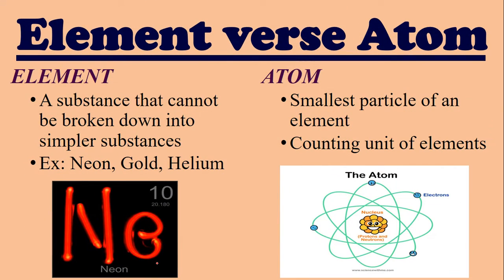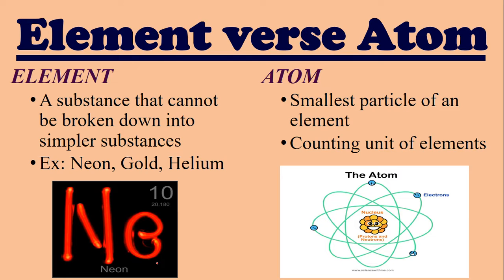So when we talk about atoms versus elements, it's really important to know the distinction. An element is a substance that cannot be broken down into a similar substance. So those things listed on the periodic table are all elements, like neon, my favorite element, gold, helium.